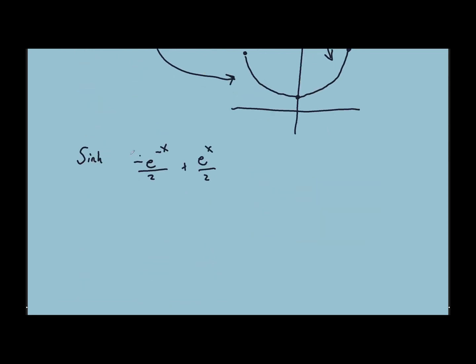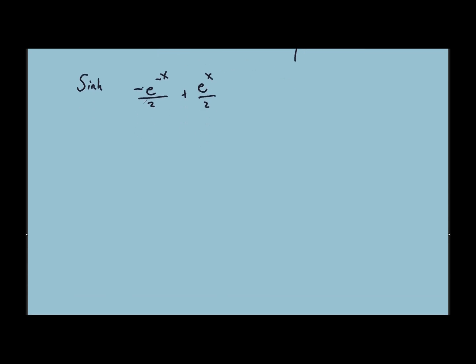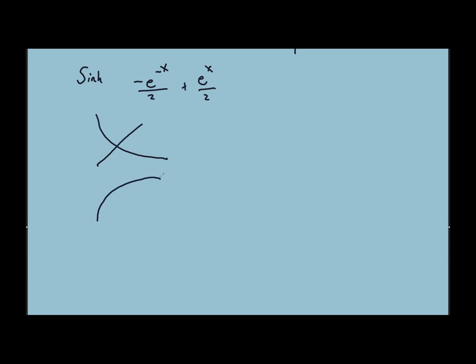Here you have negative e to the negative x. That's the only difference. But look at what it does. Instead of e to the negative x, you're reversing it over the x-axis like this. And then you have a regular e to the x here like this. So it should be no surprise that it combines to produce this.